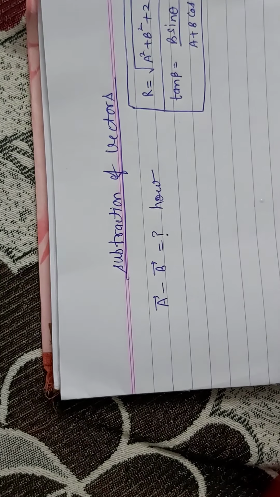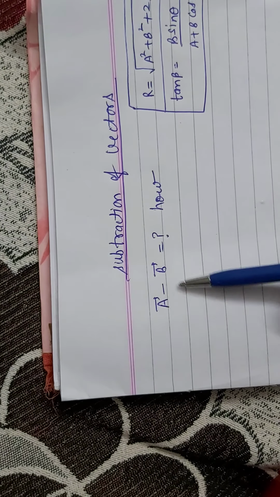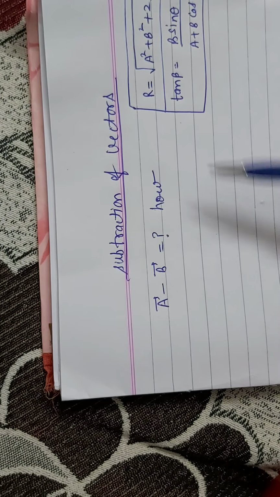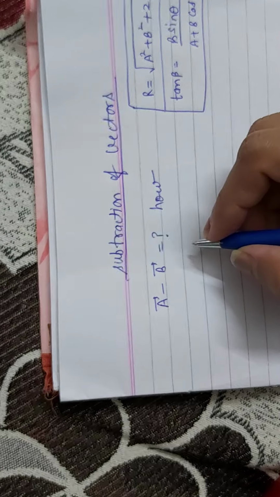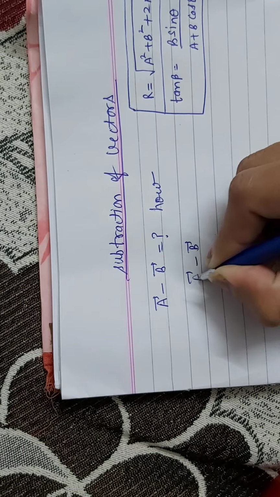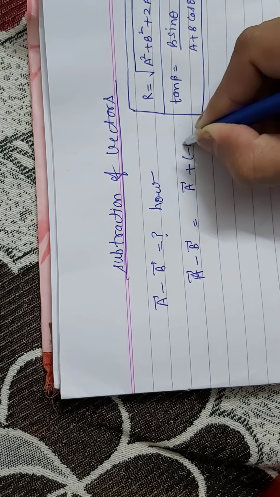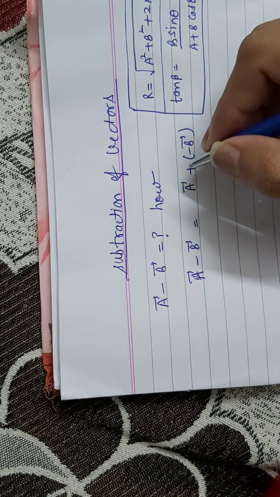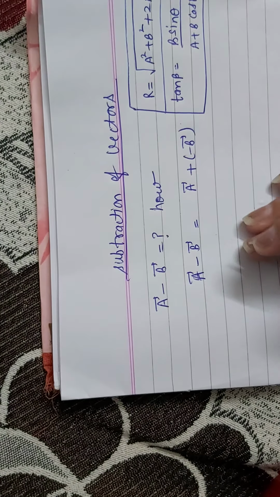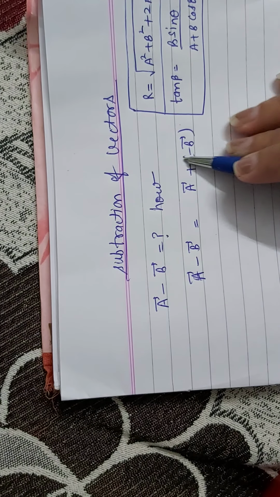So as we know everything about vector addition, why are we not converting this thing into addition? How can we do this thing? I can write a minus b is equal to a plus negative b. I know you are well familiar with the algebra, and this is saying a plus negative of b.